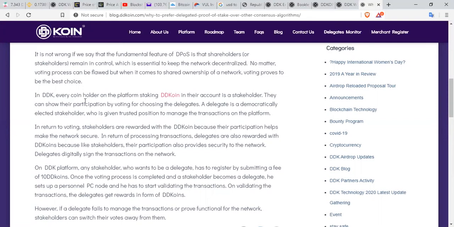In DDK, every coin holder on the platform staking DDKoin in their account is a stakeholder, and they can show their participation by voting or choosing the delegates. The delegate is actually a democratically elected stakeholder who is given a trusted position to manage the transactions of the platform.